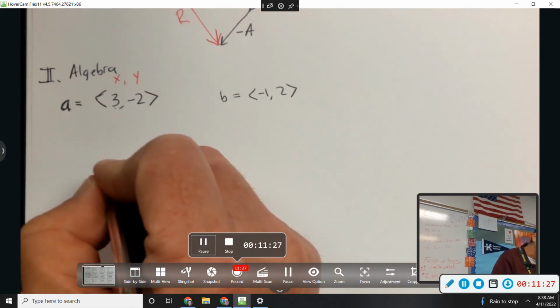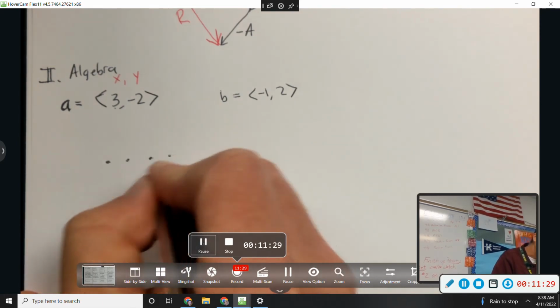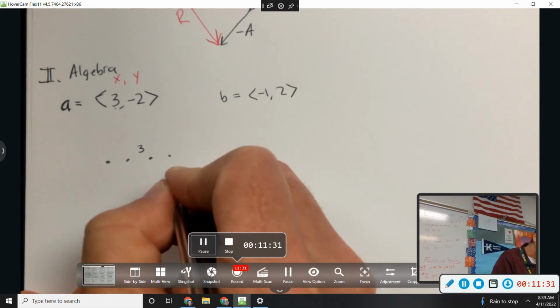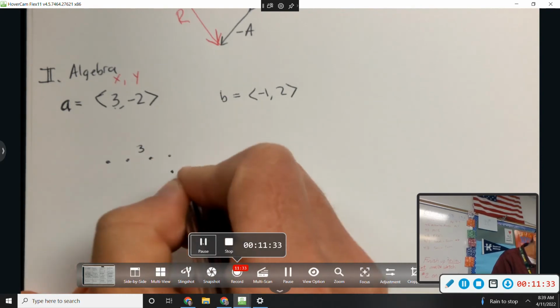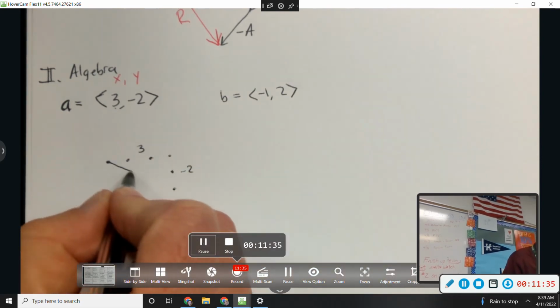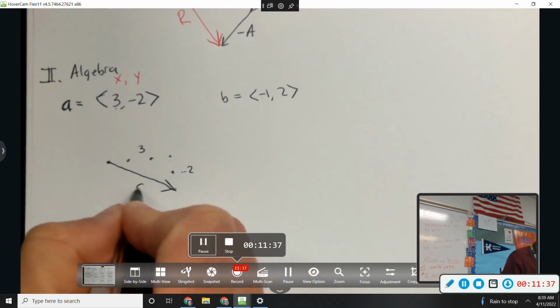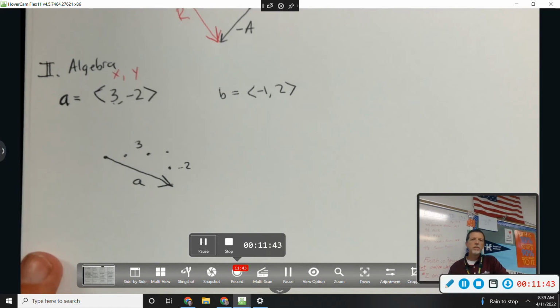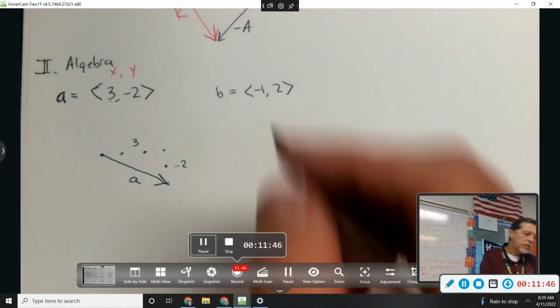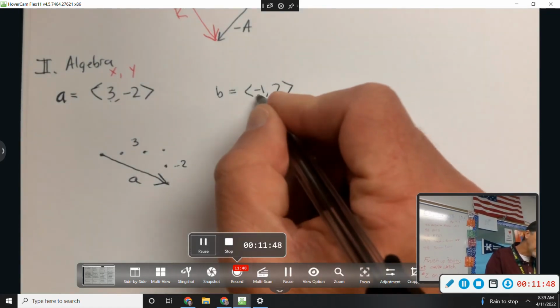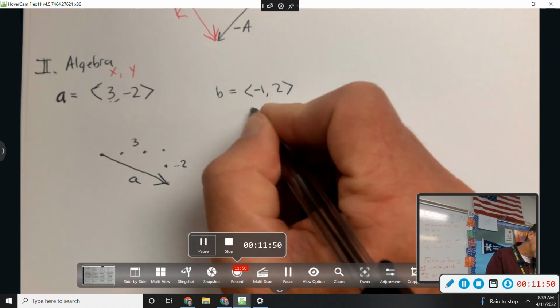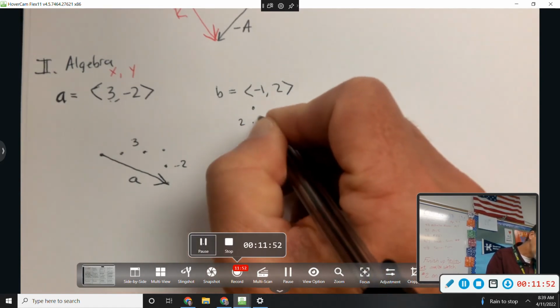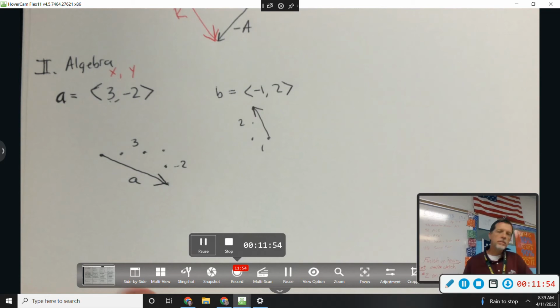So wherever we start, we'd go right 3 and down 2. And so there's vector A. Right 3 and down 2. Vector B would be left 1 and up 2. Left 1, up 2, for vector B.